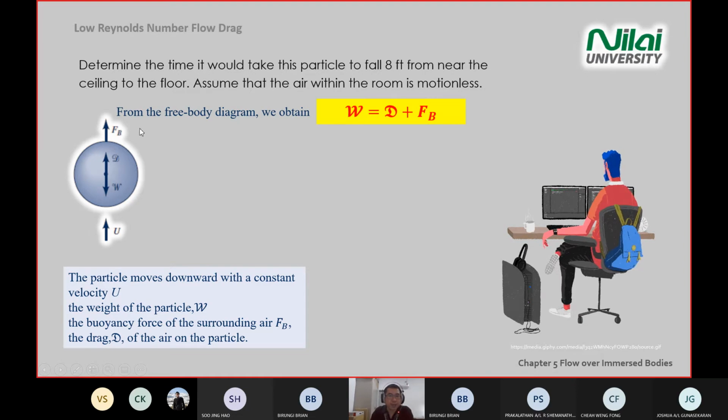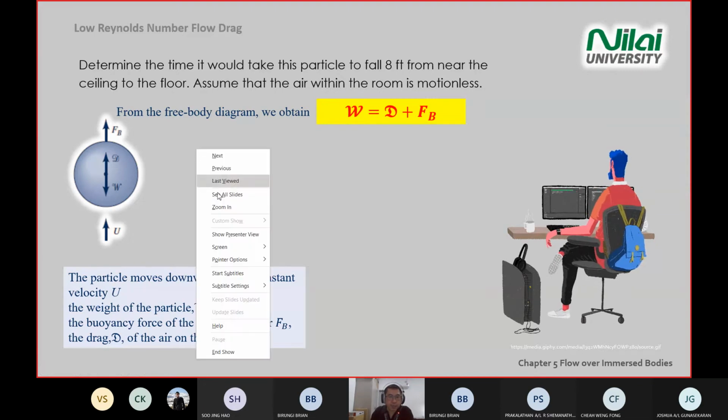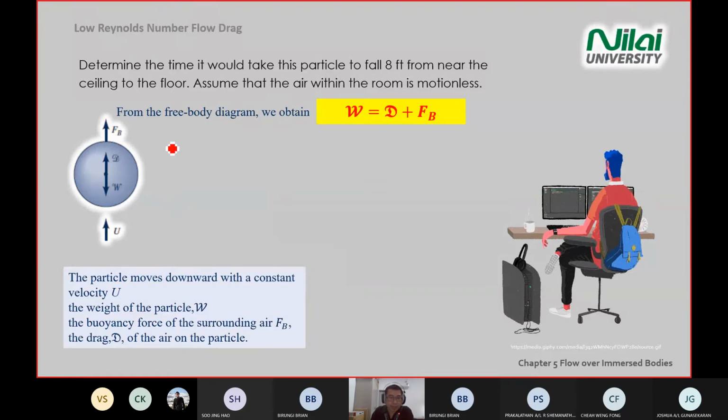So to balance the force, W equals D plus the buoyant force. Of course, you can develop this from the axis, so Y, all the force up there is positive.